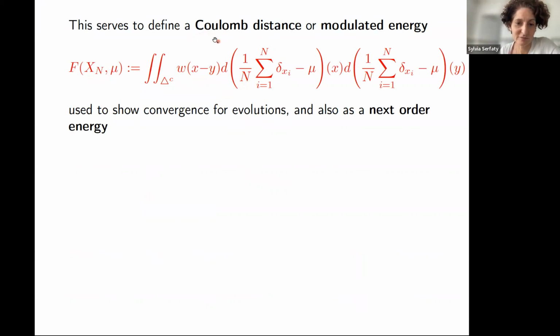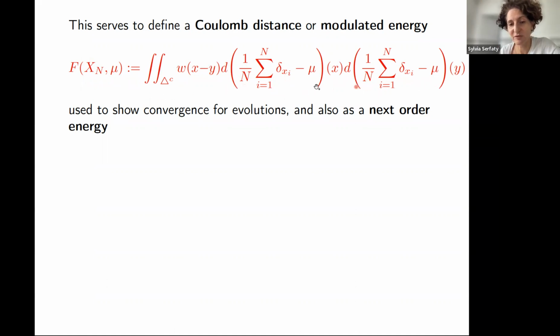Here I say it's a Coulomb distance, but we also call it modulated energy in the context of the dynamics problem. So here, if you have a distribution of charges capital Xn, which is just the collection of little x1, x2, up to little xn, you form the empirical measure 1/n sum of delta xi, and you measure its Coulomb distance to mu, some reference distribution of charges, in this way.